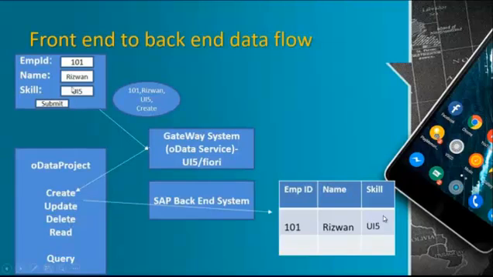You will write the business logic in the backend, and that business logic will be exposed as an OData service, and UI5 will talk to the OData service. UI5 will not talk to the backend logic directly. Why? Because no direct communication is possible.